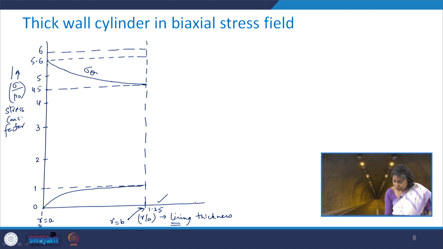So, it will approach 1 at r equal to B. So, this is the variation for sigma r. Now, the question is, here we took the B by A value to be 1.25. What if we vary the values of B by A? Then how will this sigma theta upon P naught vary? Take a look.